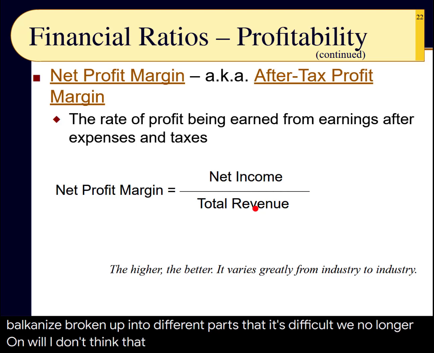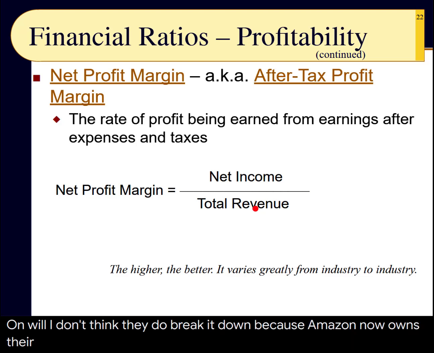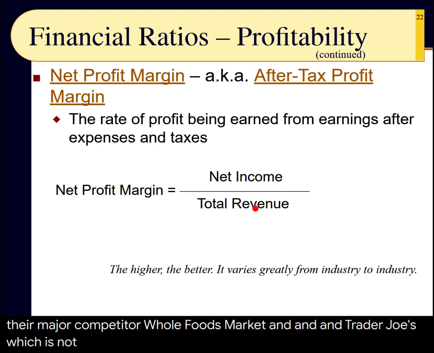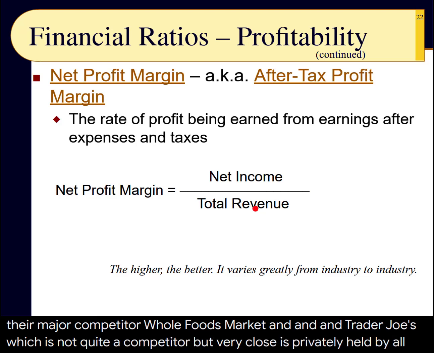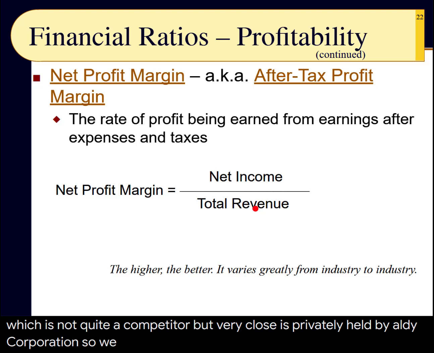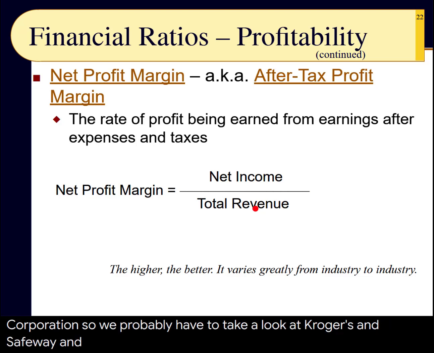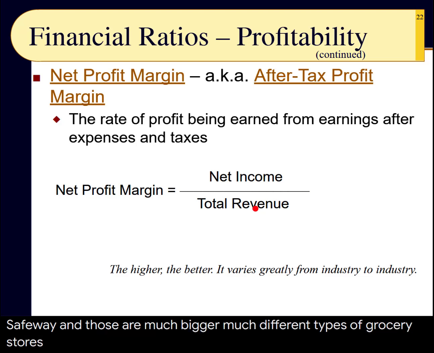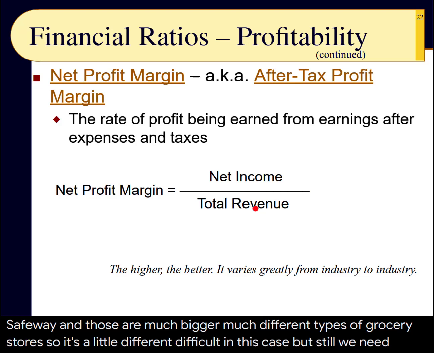I don't think they do break it down, because Amazon now owns their major competitor, Whole Foods Market, and Trader Joe's, which is not quite a competitor but very close, is privately held by Aldi Corporation. So we probably have to take a look at Krogers and Safeway, and those are much bigger, much different types of grocery stores. So it's a little difficult in this case, but still, we need to look at their competitors.